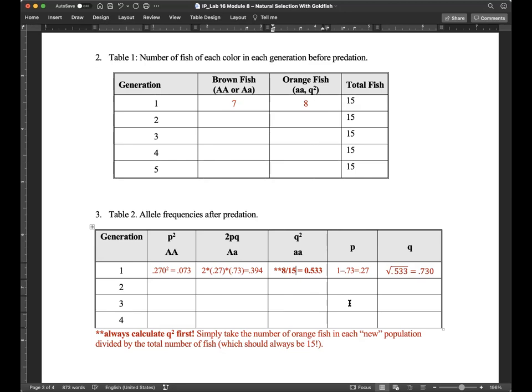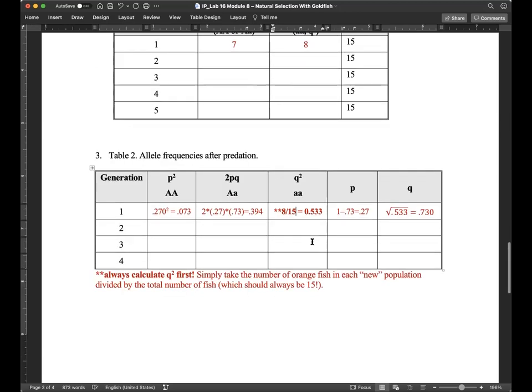That's just the frequency of orange fish in your population, which is going to be 0.533. And just using those equations from above, I calculated everything else here. So 1 minus Q is going to give me P, and how I got Q was simply taking the square root of Q squared. We're just doing some very basic algebra here, but if you get caught up in this, just let me know and I'm happy to help you through it.